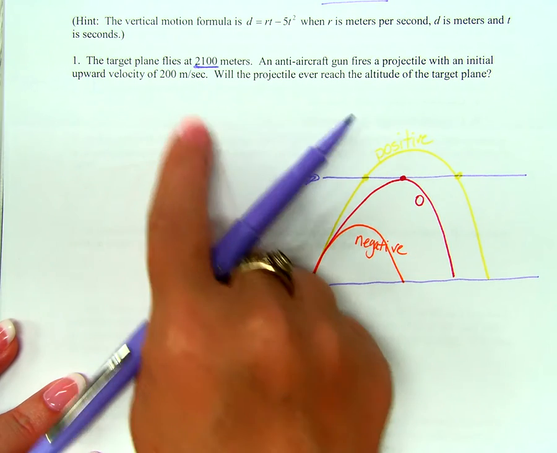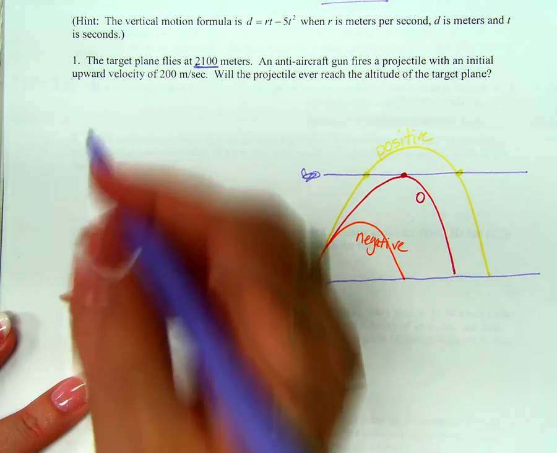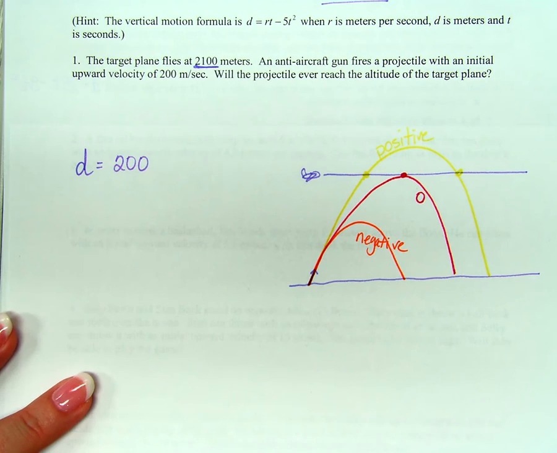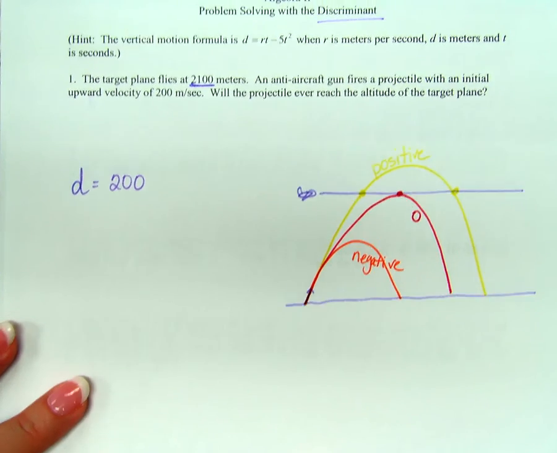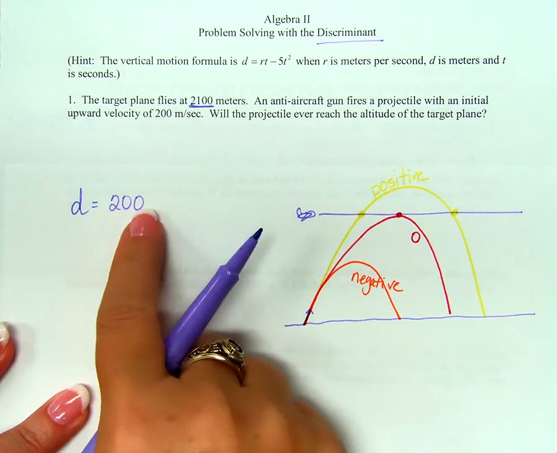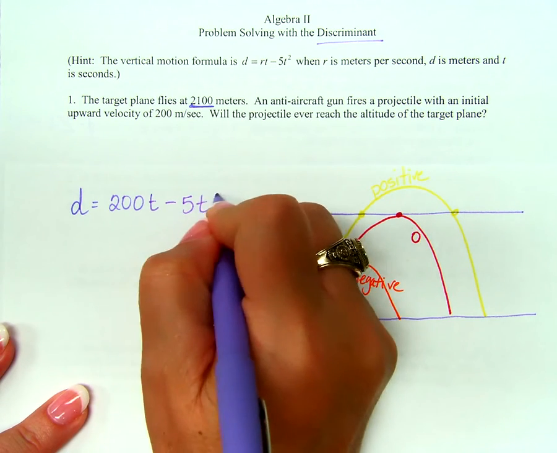Let's come up with an equation to use for this problem first. What should we use? So D equals 200. The 200 is going in for R, right? That's our initial upward velocity. So 200t minus 5t squared.